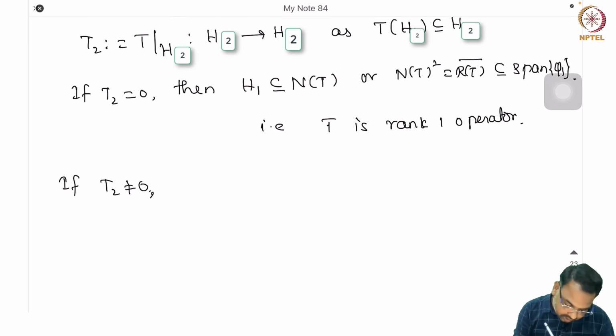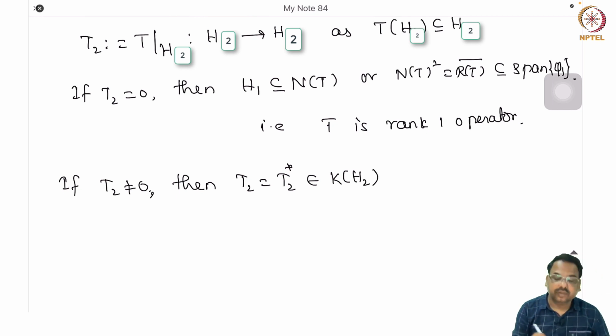So then we can say that T2 is self-adjoint and it is also compact, but it is a map from H2 to H2. Now we can apply the earlier lemma again.